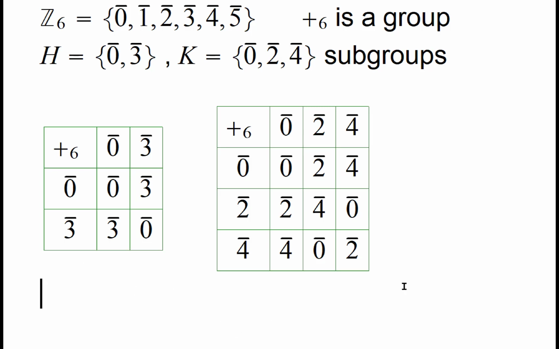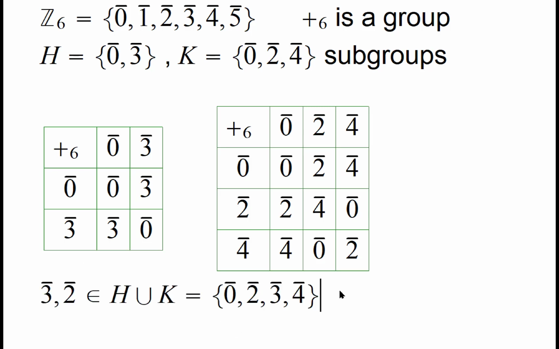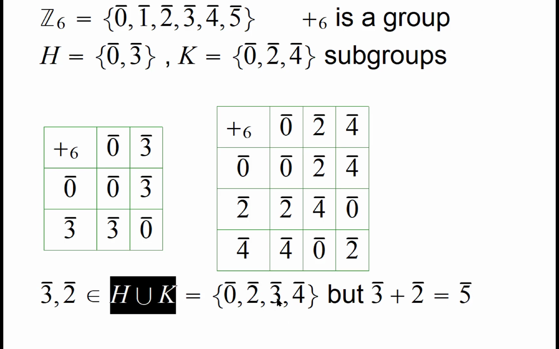What we can see is that 3 and 2 are in H union K, which is this set here, 0, 2, 3, 4. But if we add these two together, the sum will be 5, and you can see that 5 is not in H union K.